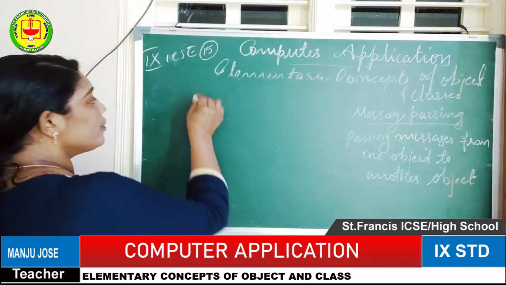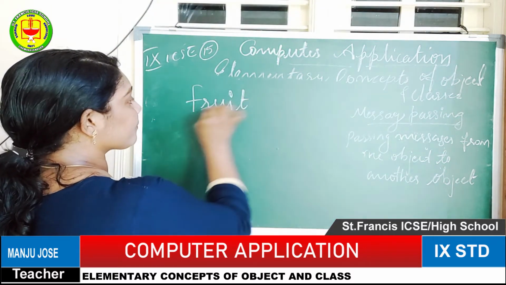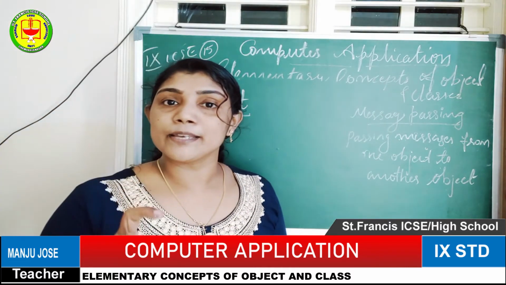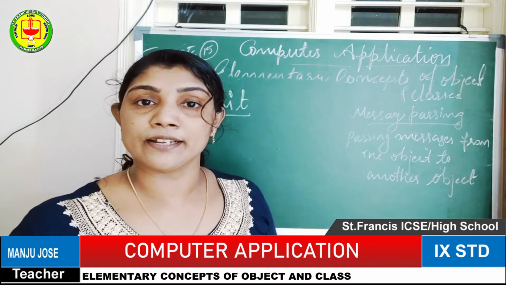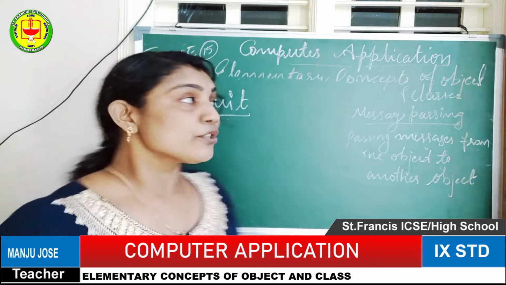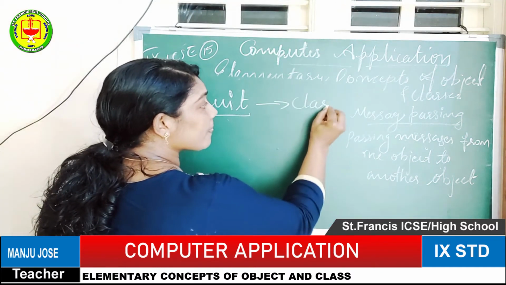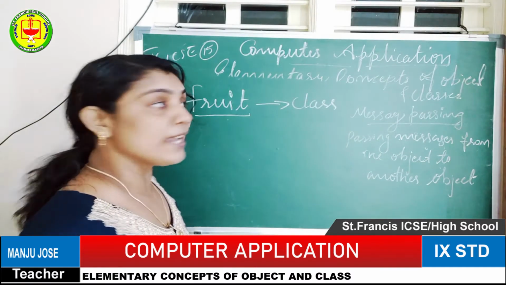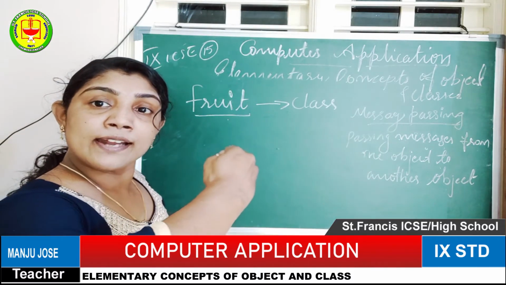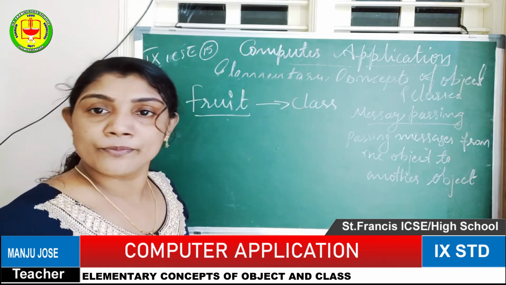Let me write on the board: fruit. It's a common example. Different types of fruits exist, but fruit is a common word for all the fruits. We can consider fruit as a class. Under the fruits, the types of fruits we are using are called objects.